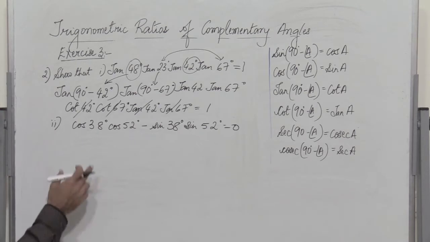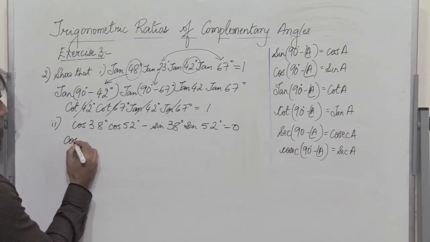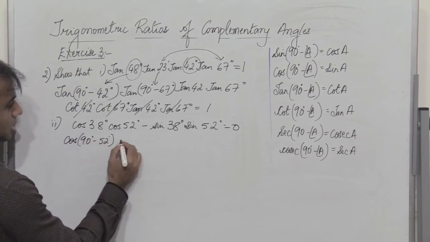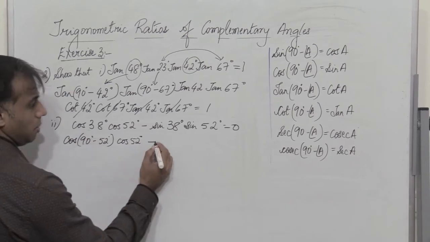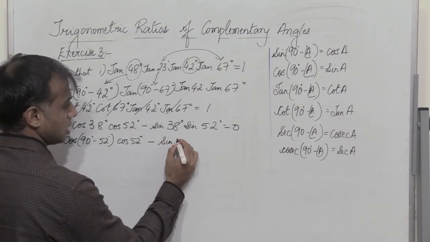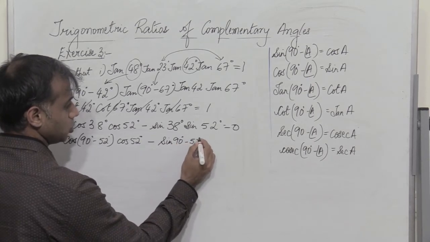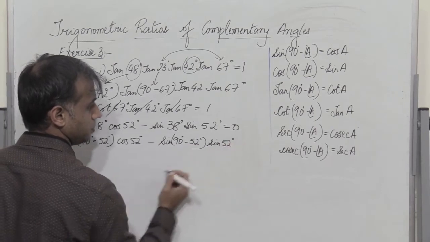So let me convert one of them to sine. I can write this as cos of 90 degrees minus 52 into cos 52, minus, so this is sine of 90 minus 52 into sine 52 degrees.